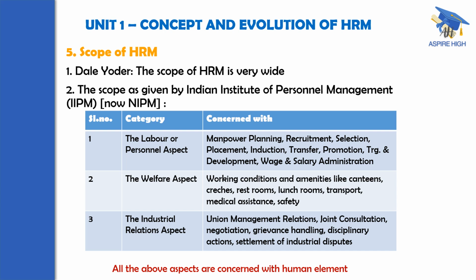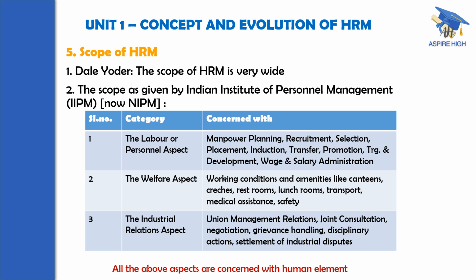The second one, the welfare aspect, is concerned with working conditions and amenities like canteens, crèches, restrooms, lunch rooms, transport, medical assistance and safety. The industrial relations aspect, the third one, speaks of union-management relations and the slowly developing concept of joint consultation.